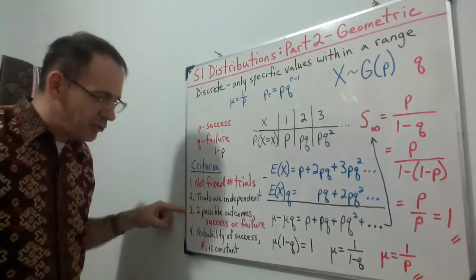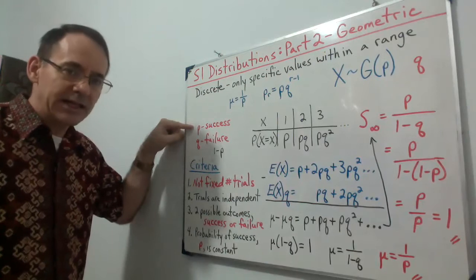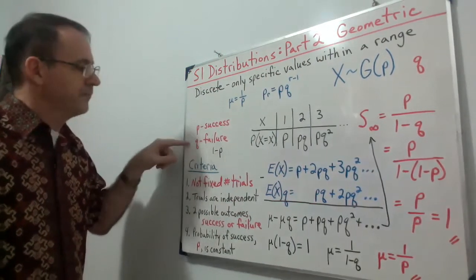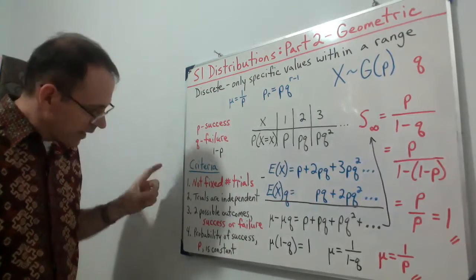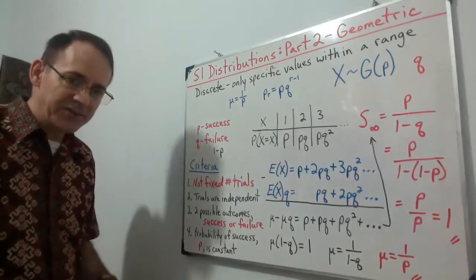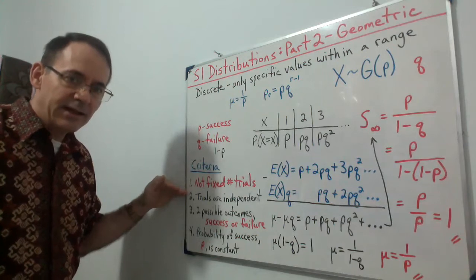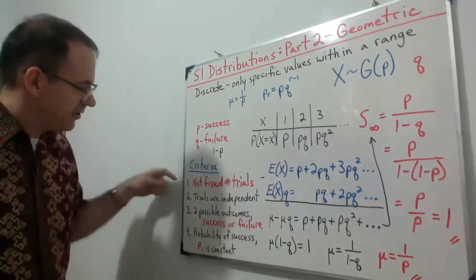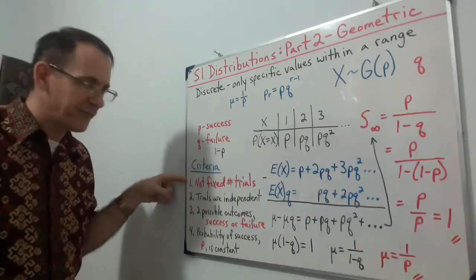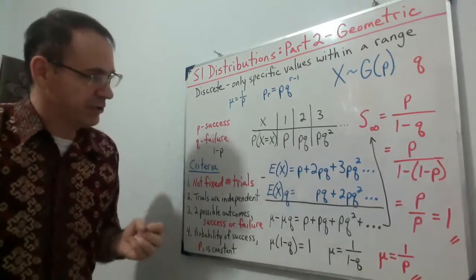There are still 2 possible outcomes, success or failure. The letter p will again represent success. The letter q, which is 1 minus p, will represent failure. And your probability of success, p, is constant, again demonstrating that you have independent events. So these are the criteria. The number 1 here is the one that you mentally want to focus on for determining geometric distribution.